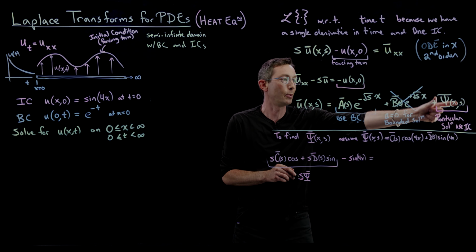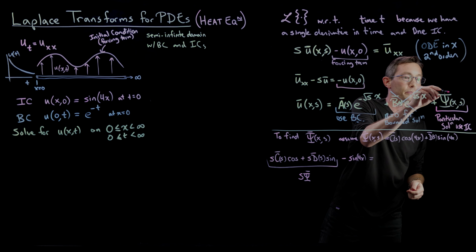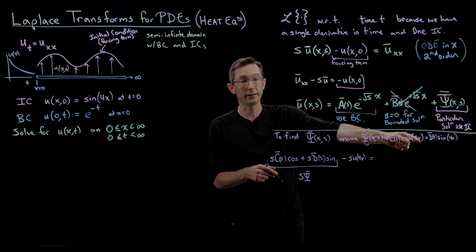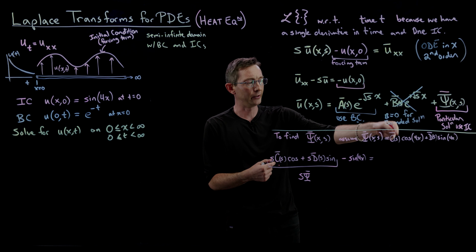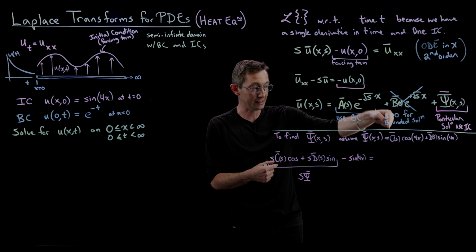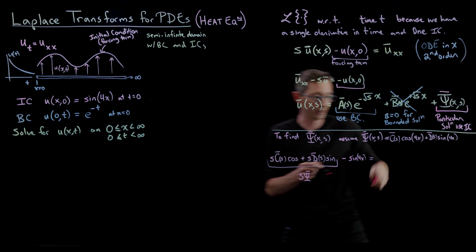Every time I see a u bar, I'm plugging in this psi, and I'm taking its second derivative with respect to x. And I'm going to do it in my head, I hope. So the second derivative of cosine 4x with respect to x, the first derivative is minus 4 sine 4x. The second derivative is minus 16 cos 4x.